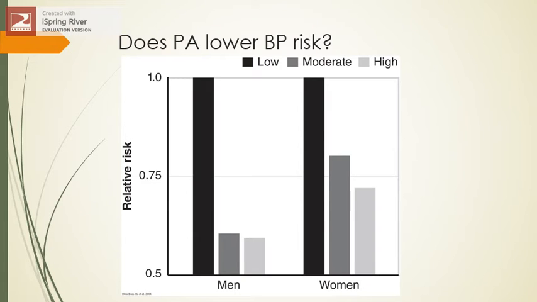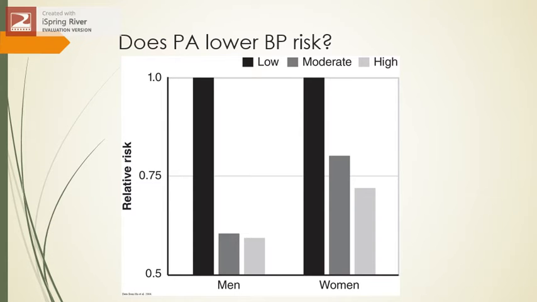So what about resting blood pressure, though? Can we lower our resting blood pressure by exercising or being physically active? This data is from your textbook based on a study, and it's showing relative risks of hypertension, so being classified as hypertensive, in people who perform low amounts of physical activity, moderate, or high, and it's broken down by men and women.